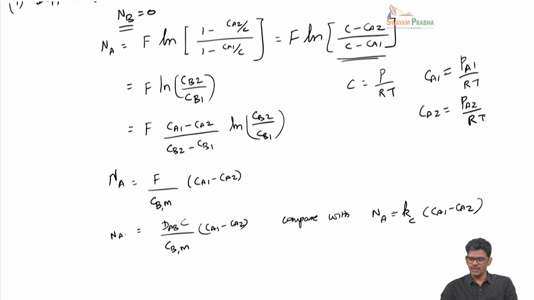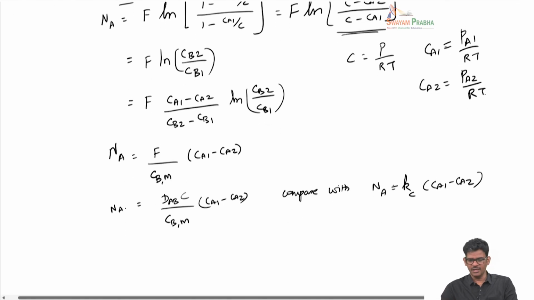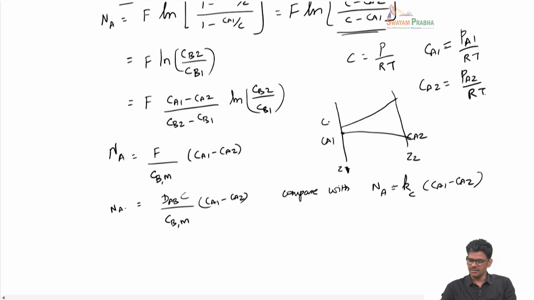When you look at A diffusing through non-diffusing B, between two places Z1 and Z2, Ca goes from Ca1 to Ca2, and correspondingly Cb will increase from Cb1 to Cb2.